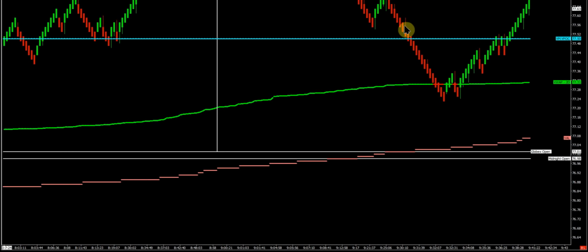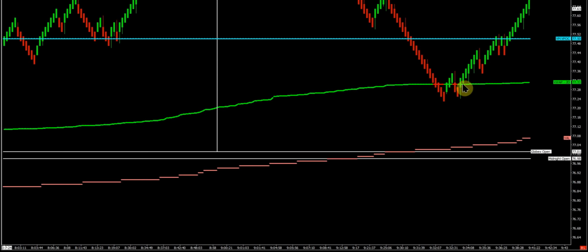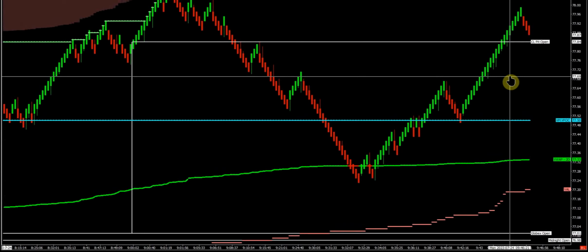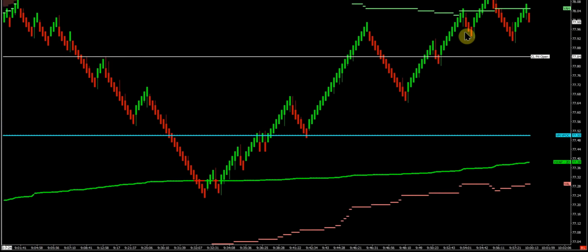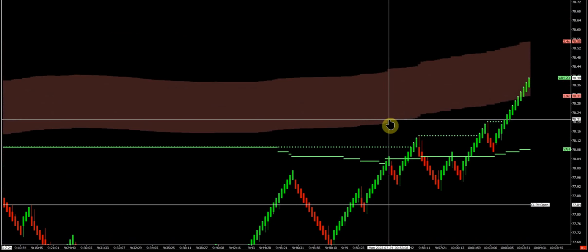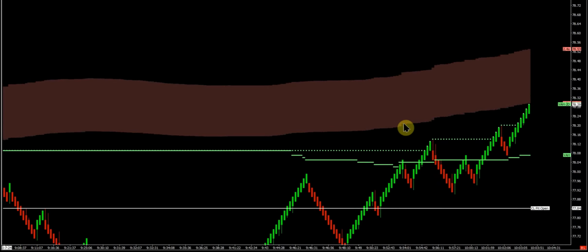The VPOC was still up here, but you had a rising VWAP, and you had a rising value area low. That would have been a nice trade. You have to keep your stop back, but that's a nice trade there at 77.30. You're looking at 78.30, right? Okay, there you go, 78.30. Boom. And we're done for the day.